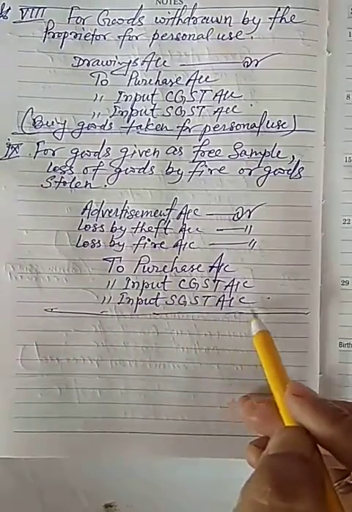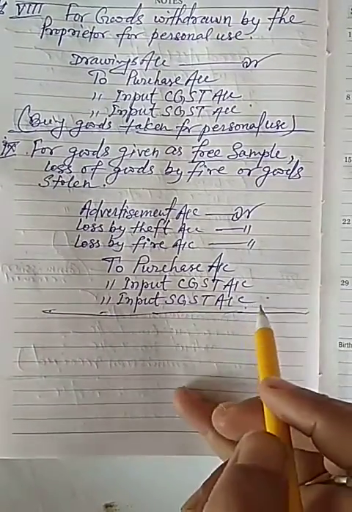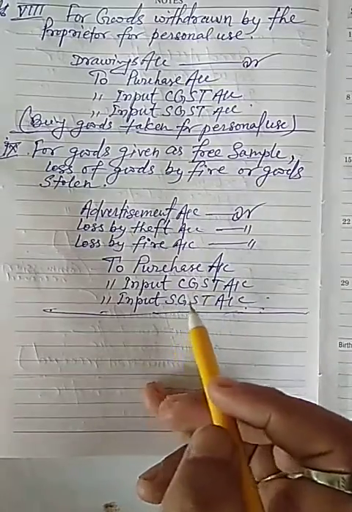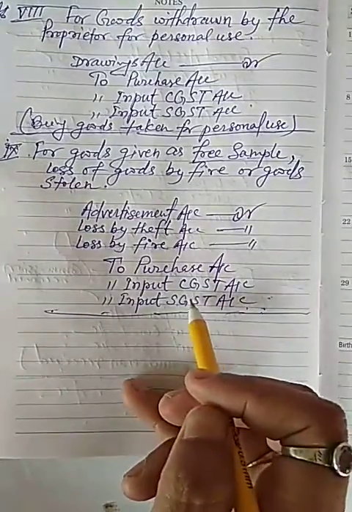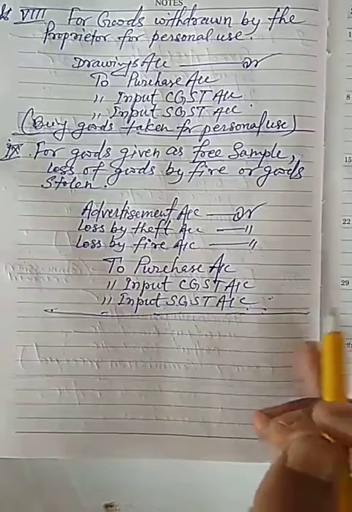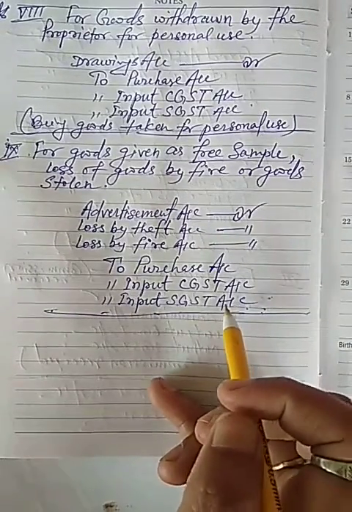Being goods distributed as free sample, goods stolen, and goods destroyed by fire, and input CGST and input SGST reversed.